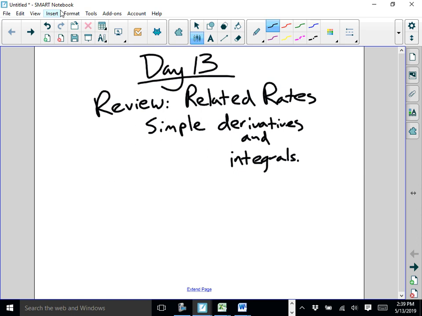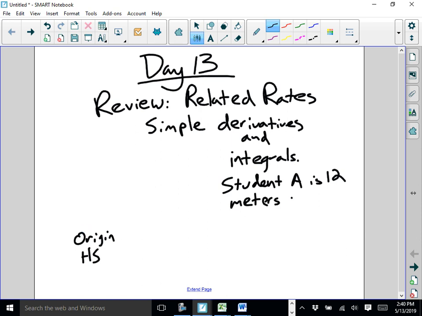Let's say we have Origin High School. Student A is 12 meters east of the school, walking east at 7 meters per second.